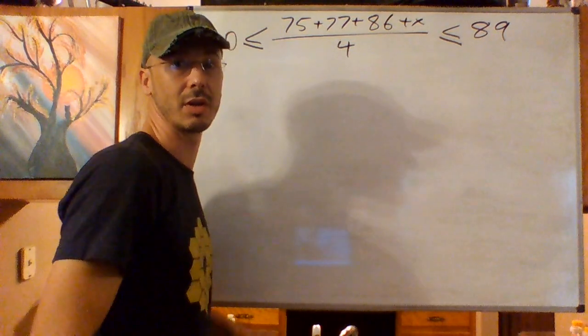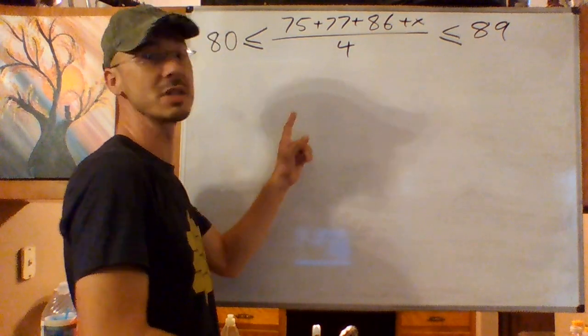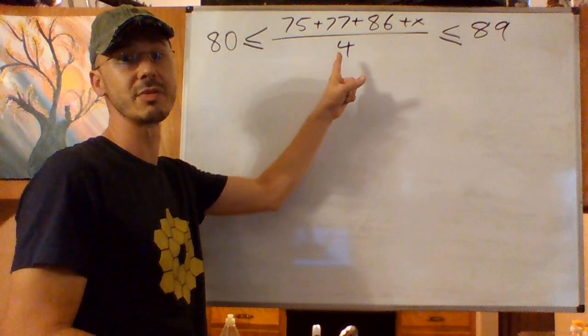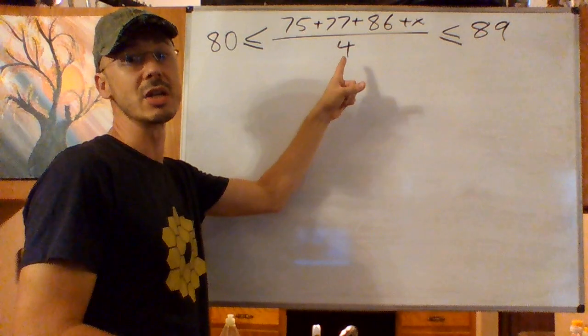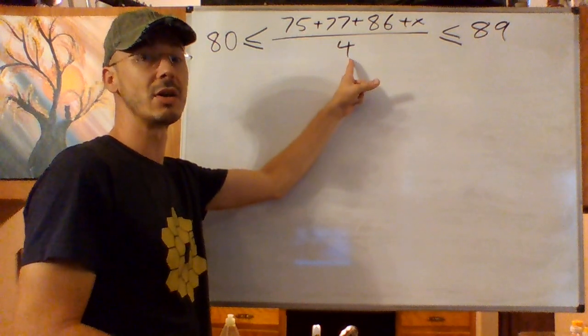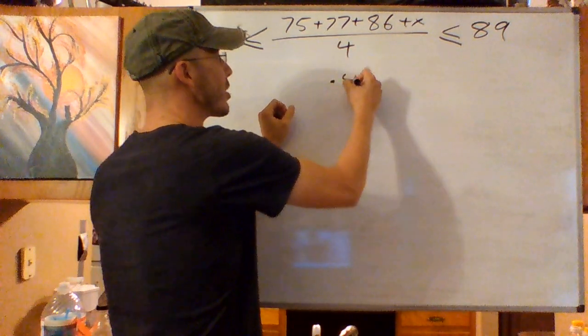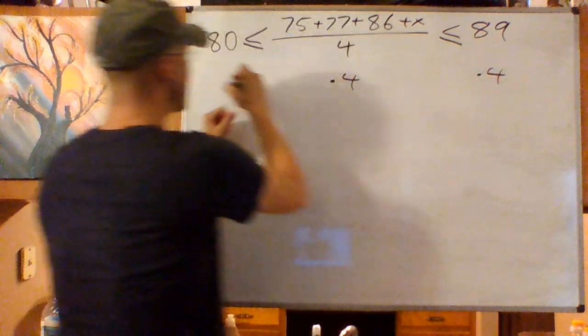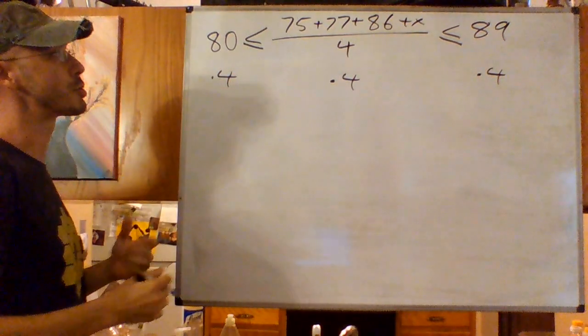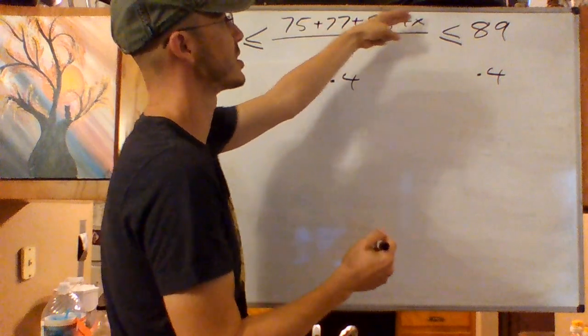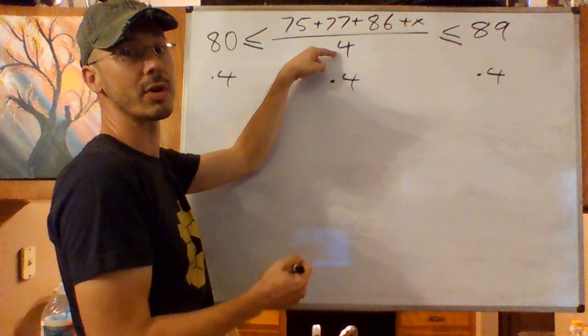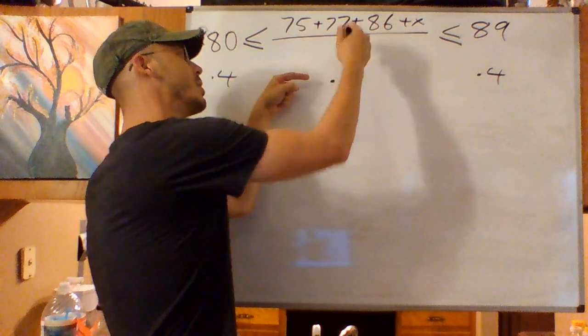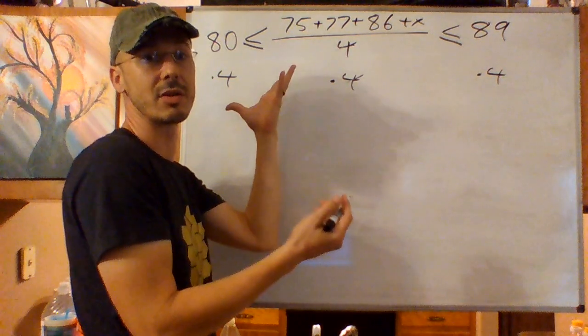I usually don't like to get into really big numbers, but it's going to make this a lot easier if we first get rid of this fraction. And we can do that, since it's just a number down here, by multiplying by 4, as long as we do it to all three places. So here it's this sum divided by 4, and then times 4, they cancel each other.